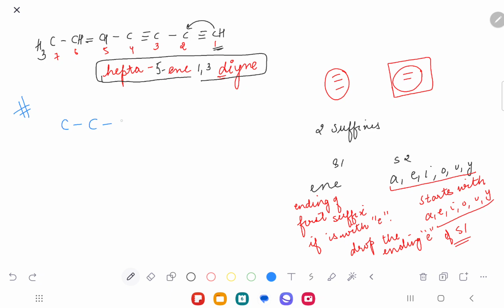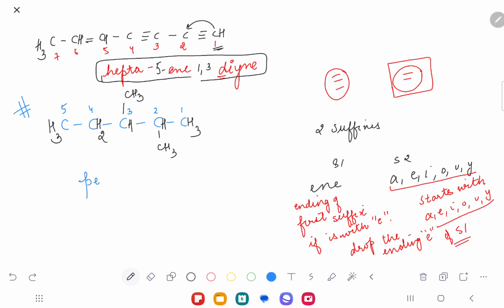Now, finding the main chain is important. Then you can come to the side chains. The side chain could be an alkyl group, like this. So what do you have in here? You count the carbons 1, 2, 3, 4, and 5.